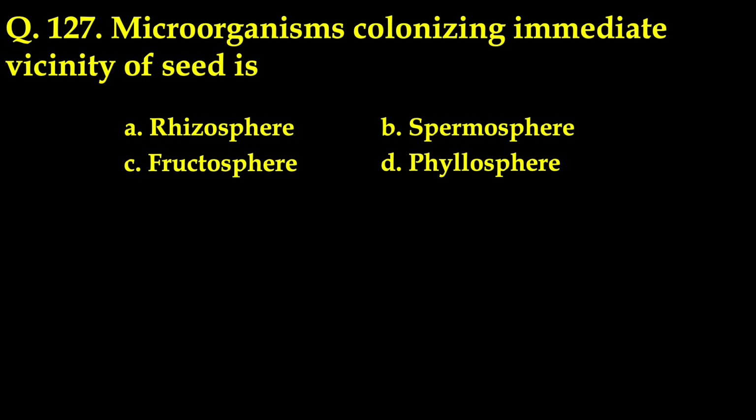The phyllosphere can be further divided into the caulosphere, that is stems, phyllosphere related to leaves, anthosphere related to flowers, and carposphere related to fruits.